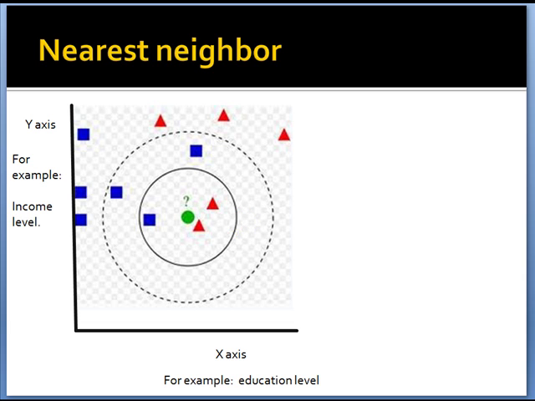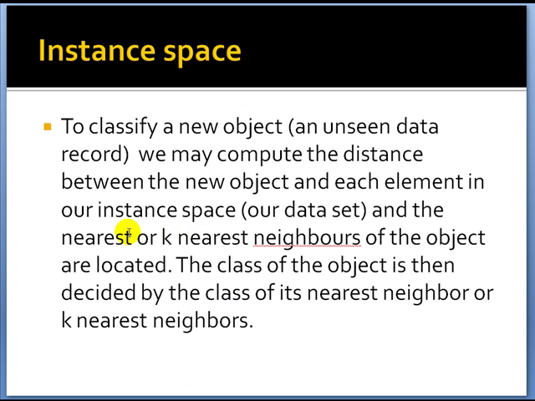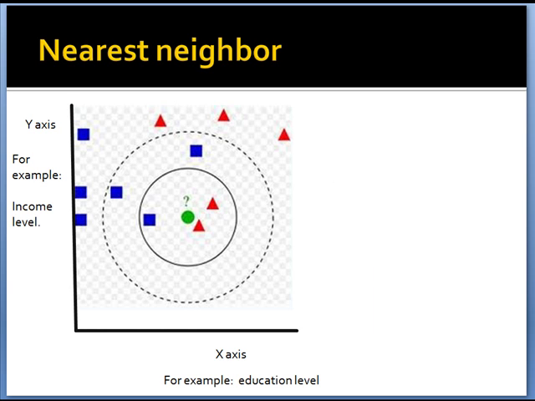What we could do is look at the distance of this green from all of the points, and then just look at the closest 3 or the closest 4. So we don't actually draw a circle. We just say, I'm going to look at the closest 4. What are the closest 4? This one, this one, this one, and this one. If I look at the closest 4, it's kind of 50-50.